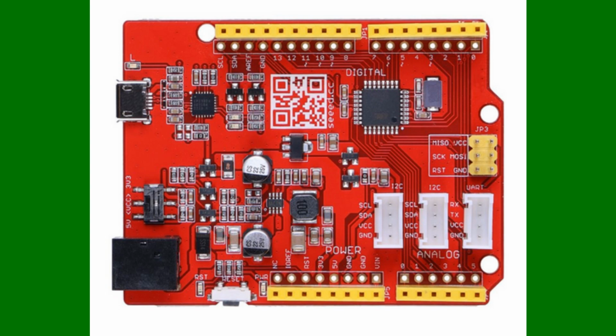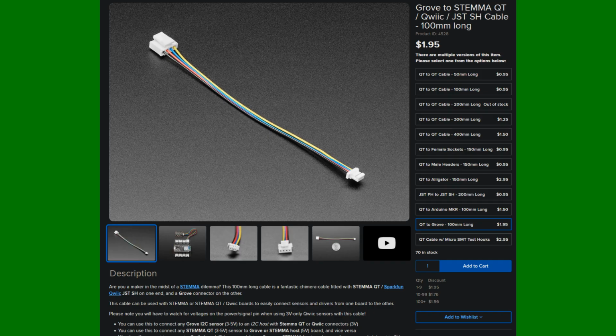Here you can see that they have these connectors, the SCL SDA plugs right here. This is, I believe, what's called a Grove connector. Yeah, it's got Grove. You can probably find a Grove to Stemma QT connector.